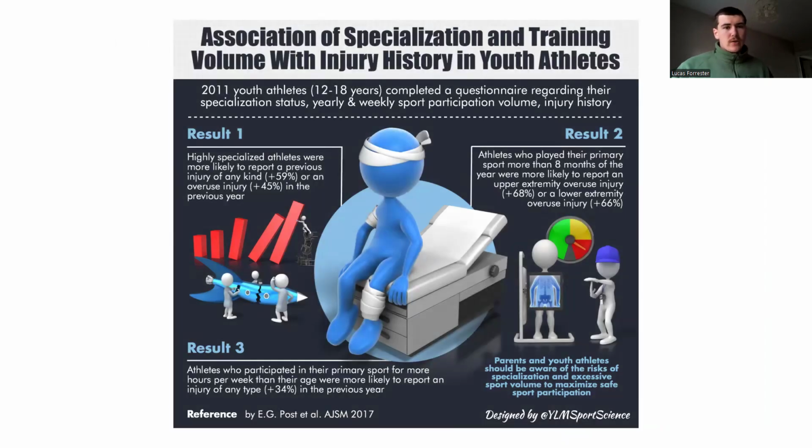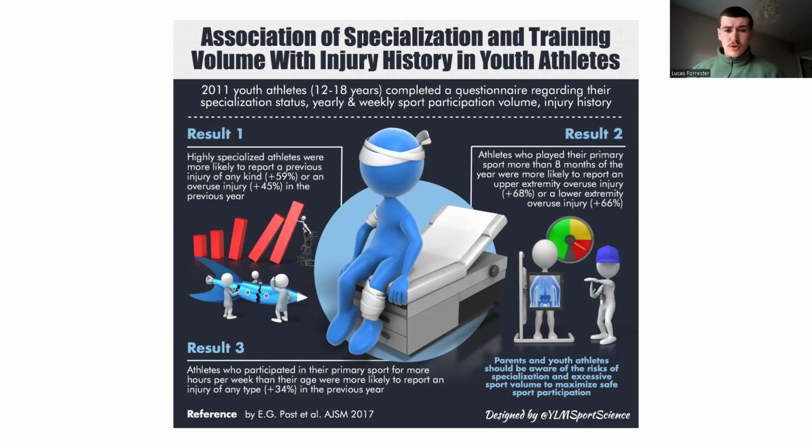Next, this brings us nicely to the considerations for why we would need to look at managing this training load. This was a study of athletes who were 12 to 18 years old, and they basically did a questionnaire looking at their specialization, a bit of a mouthful, and their participation volume and injury history in the sport.